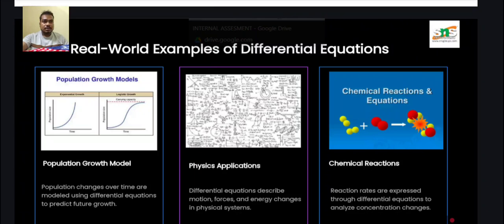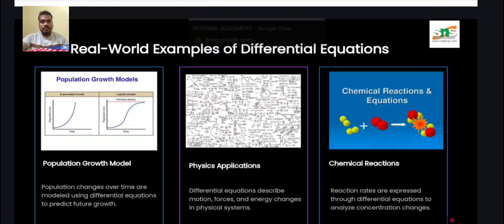Next, chemical reaction and electrical circuit. From electrical and electronic engineering, this is where things get real. In a circuit, capacitors charge and discharge. Voltage changes over time.